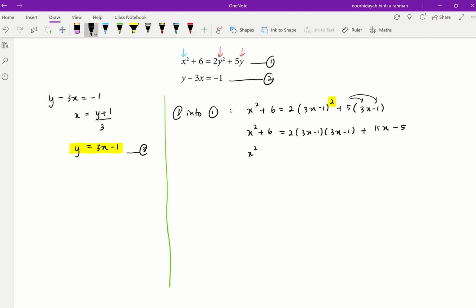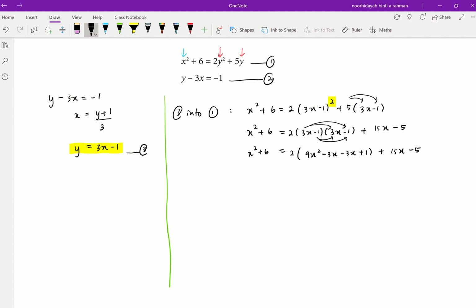Here, I'm going to expand the brackets: 9x squared minus 3x minus 3x plus 1, plus 15x minus 5.